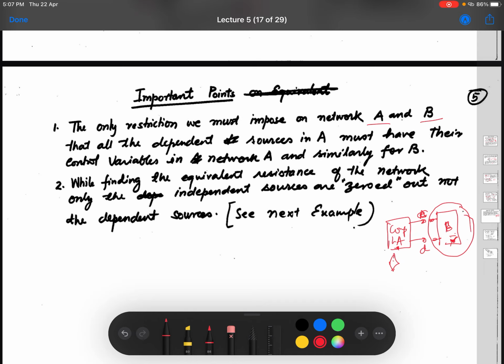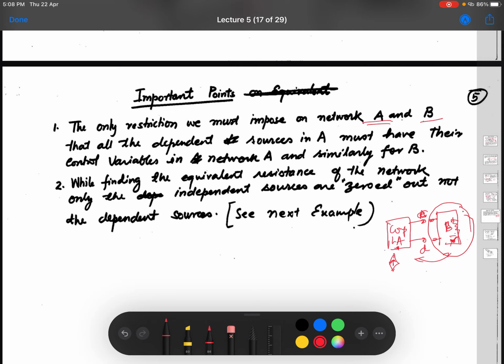Now the issue is, if there is some dependent source in A, or sources in A which depend on a variable in B, then you cannot do this. Okay, so that is a restriction. If it is a simple resistance, there is no problem. If it is any other kind of thing, there is no problem. We could have any kind of sources, except for the fact that A and B should not have any kind of coupling or sharing of variables, basically for dependent sources.